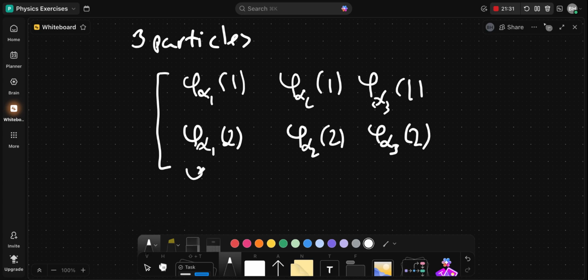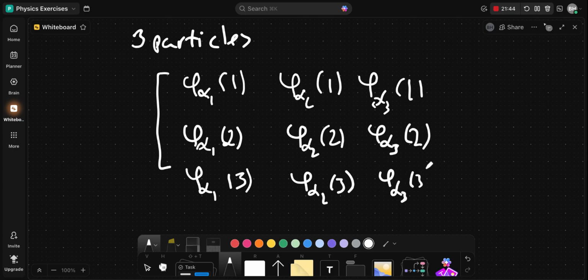And here I have phi alpha 1, 3, phi alpha 2, 3, phi alpha 3, 3. That's a matrix of functions. And you have alpha 1, alpha 2, alpha 3. The orbital indices are increasing this way.